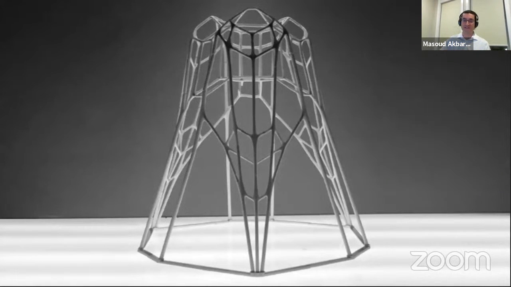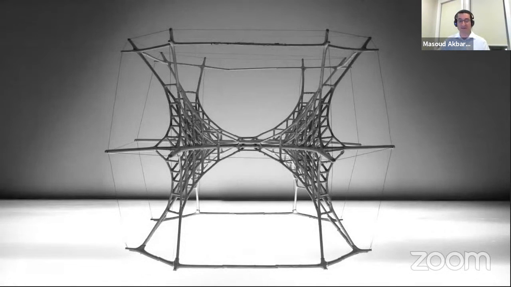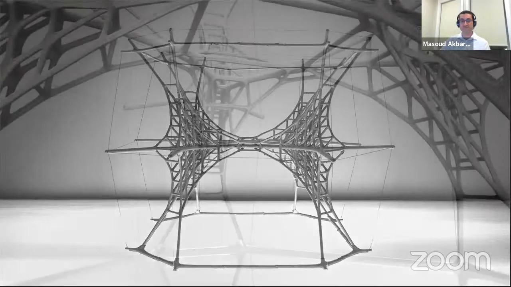Obviously, as I said, if you want to translate this into real structures, other considerations should come forward, but definitely as a way to explore a variety of different design possibilities for architectural structures, it is quite fast, right?